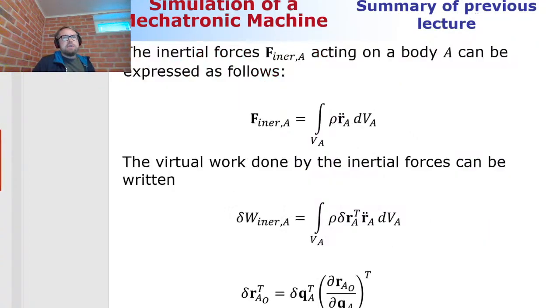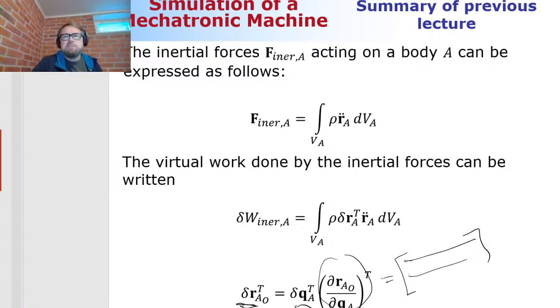Okay, so let's take a look at how that goes in practice. It goes in practice pretty much what I just explained to you. So I'm building this relation between delta r and delta q, 2 different coordinates. The relation is built by using this partial operation, partial r, partial q. So it is a partial differentiation that is needed to build this matrix. And again, the dimension of this matrix is 2 rows, 3 columns.